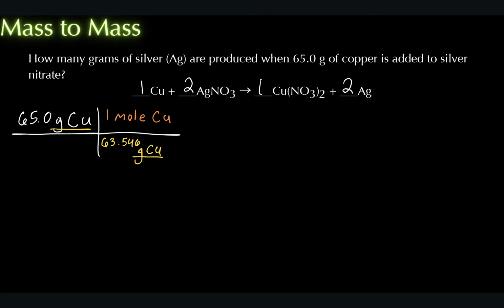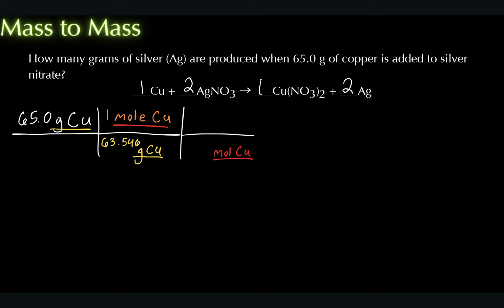We'll go ahead and expand our setup. We have our mole of Cu on top. We are going to have the mole of Cu on the diagonal. At this point we are going to convert from one element to one element in this case.